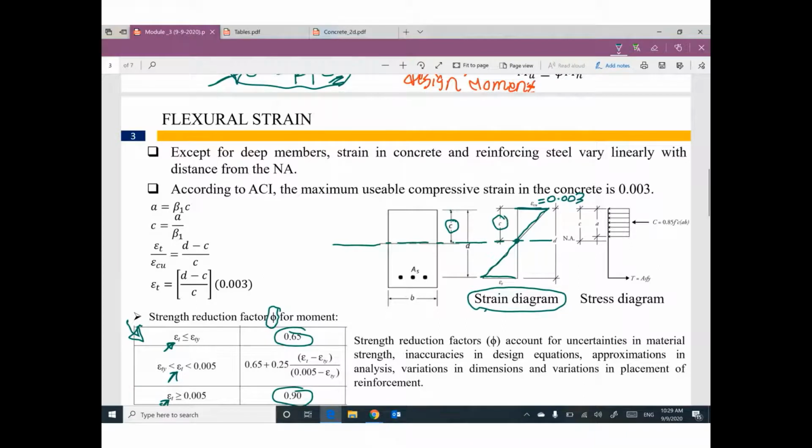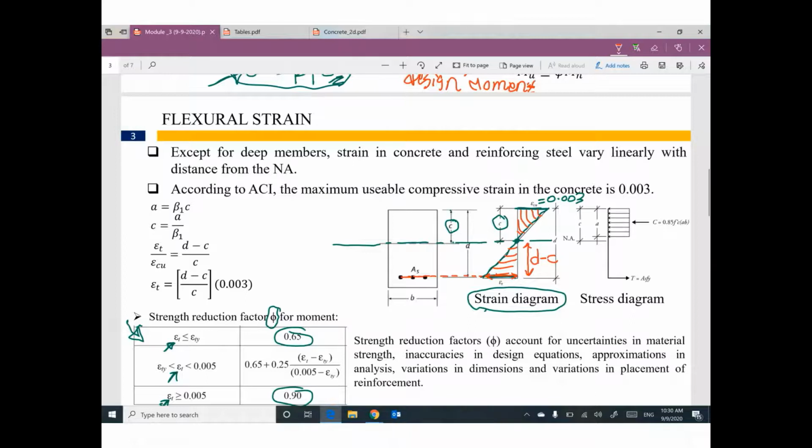Can you tell me what is the value of strain in steel reinforcement? We have steel reinforcement at this location. So can you tell me what is the value of strain here? I can use triangle similarity between this triangle and this triangle. I can figure out this distance equal to D minus C. Do you remember?